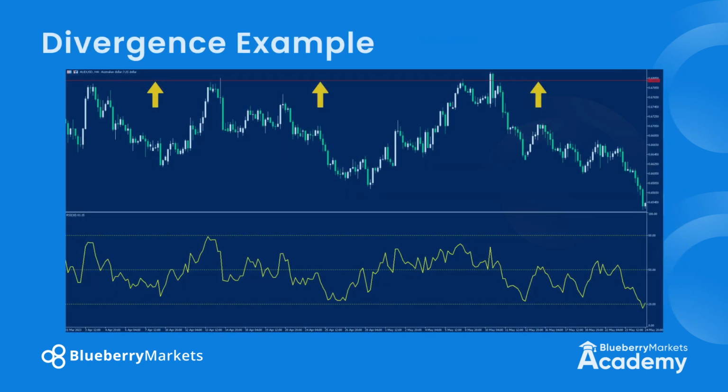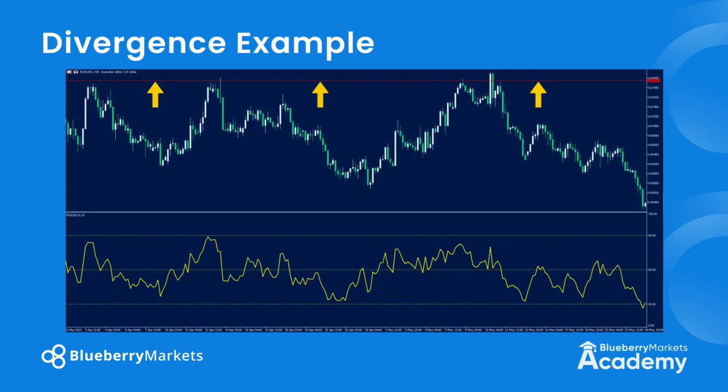Moving on to a live example of divergence here on the Australian dollar versus the US dollar, we can see that the market comes up into a level of resistance. Now, this is important when you're looking at convergence and divergence.